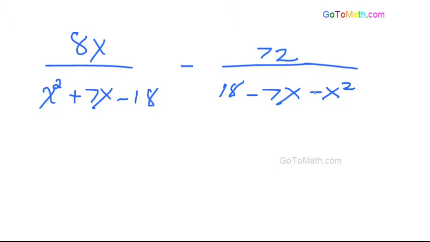factor out a negative out of this guy right here. So if we pull the negative out, that's going to make that negative, that positive, and that positive, and then close parentheses. Now that's a trick. So we have a negative 18, positive 7x, and positive x squared. But I have a negative here, and we have a minus here. So believe it or not, a minus times a negative is positive.